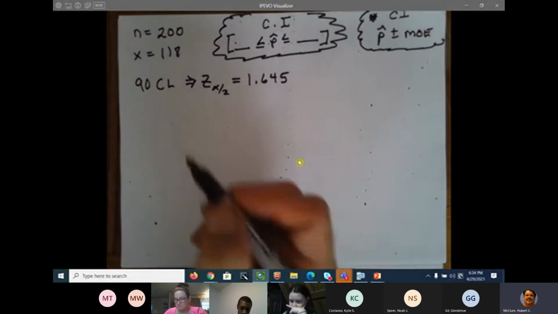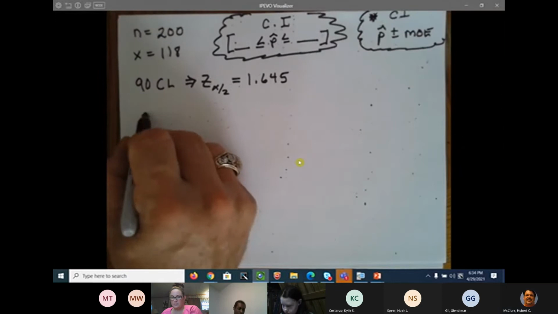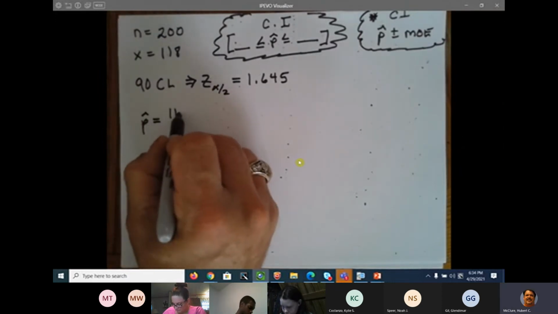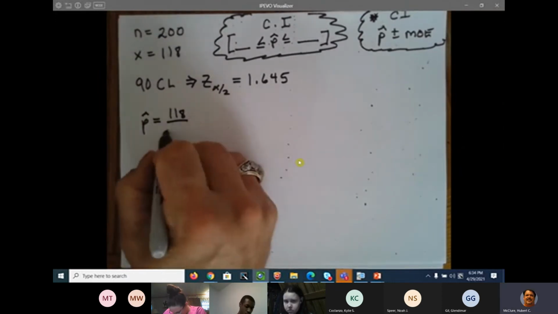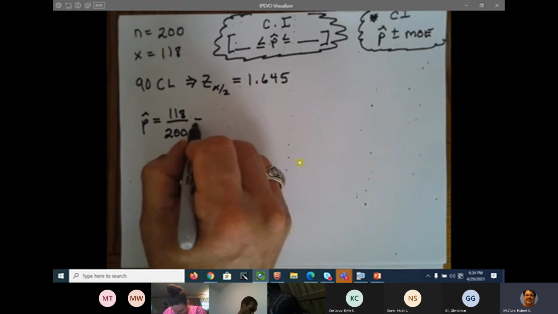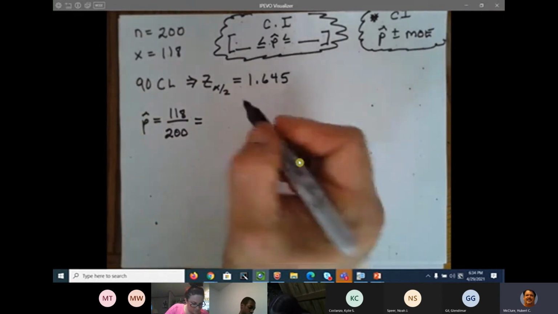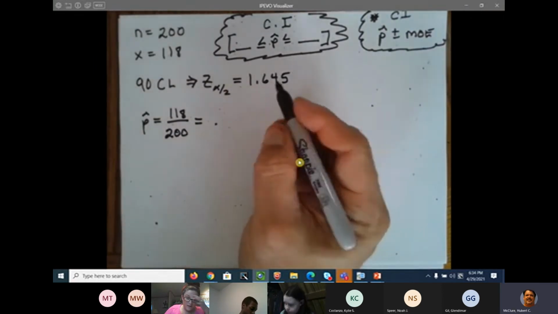So we just need the margin of error. P hat is equal to 118 over 200. Can somebody give me that to 2 digits, please? 0.59.